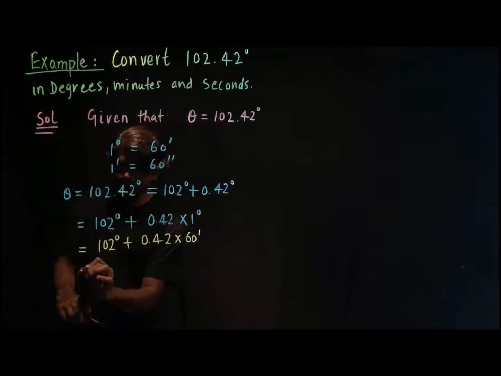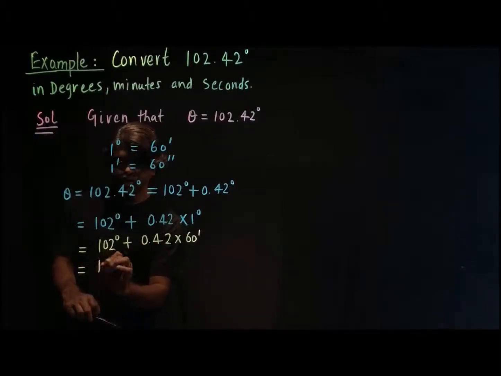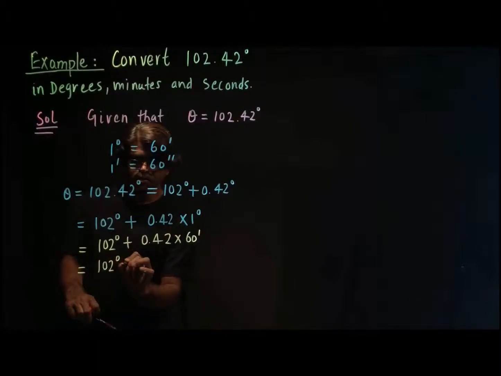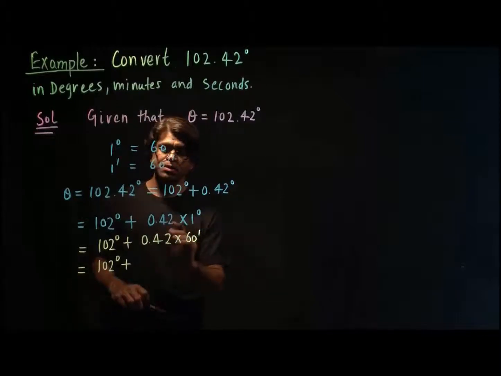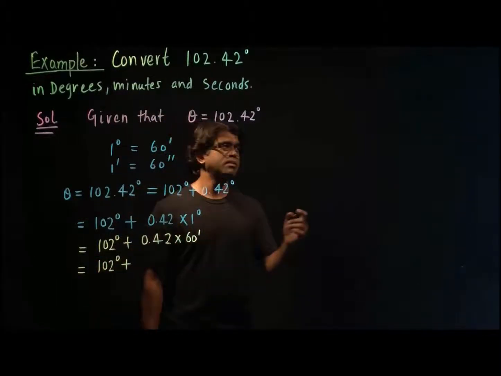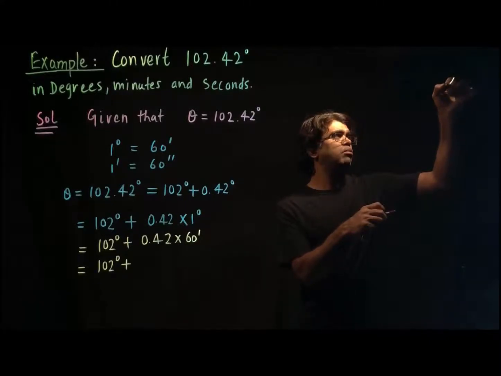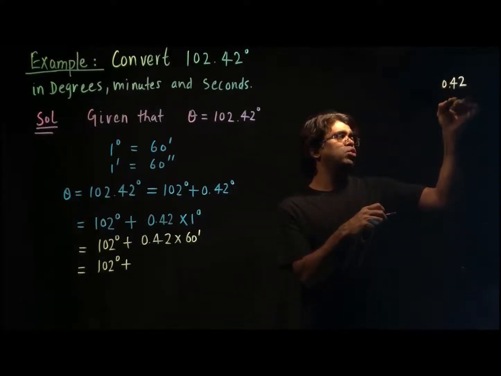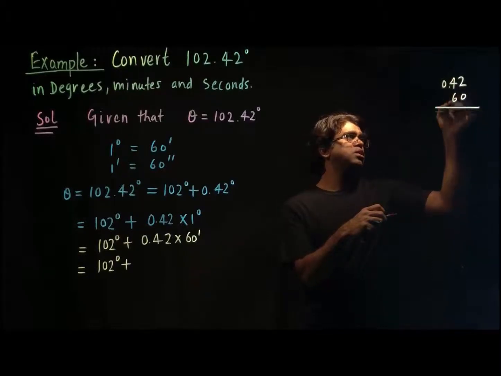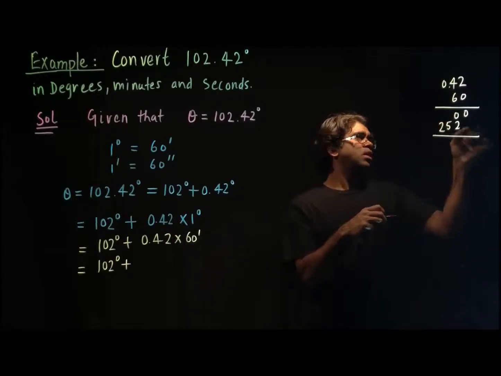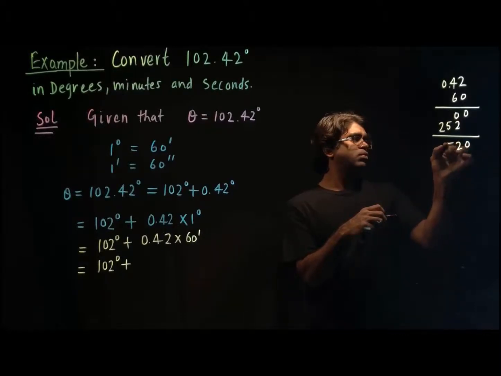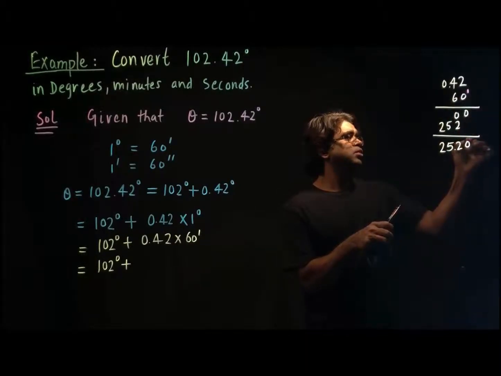If I simplify further, I will get 102 degrees plus 0.42 times 60. You can use a calculator or we can multiply right here. So I'm going to multiply 0.42 by 60. 6 times 2 is 12, and I got 25.2 with a decimal. Since this is minutes, I got my minutes.